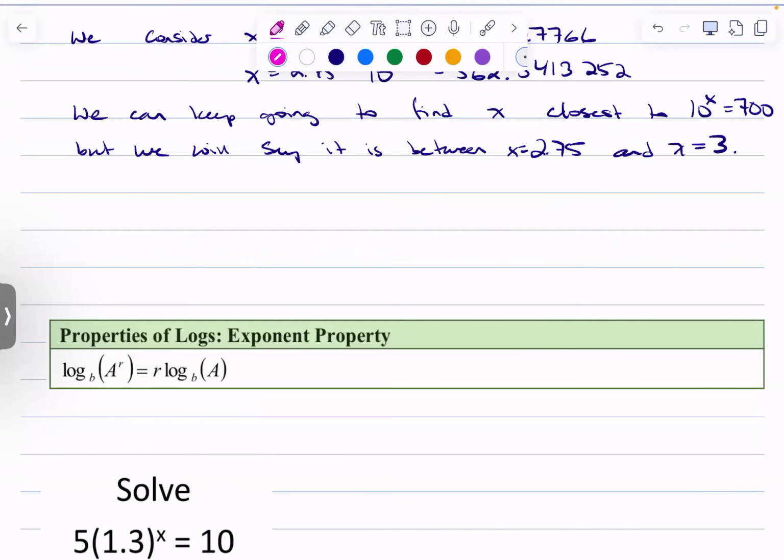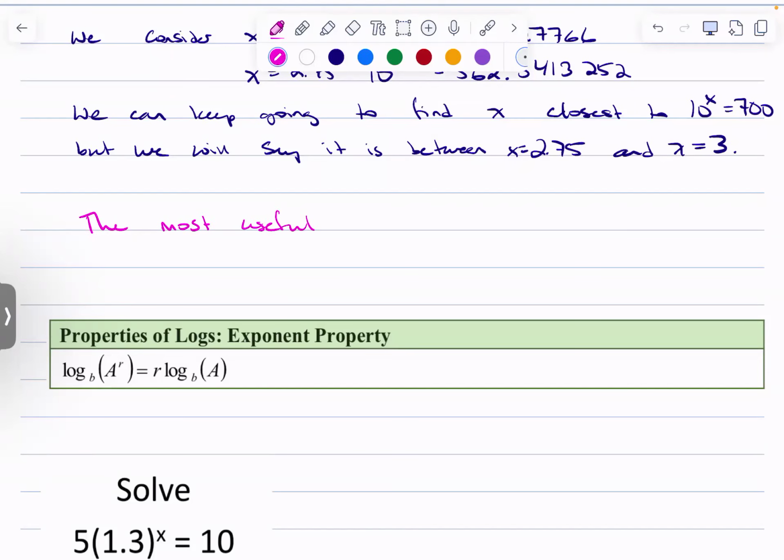Now, the meat and potatoes of logs. The most useful log property is that we use logs to solve for values in the exponent.